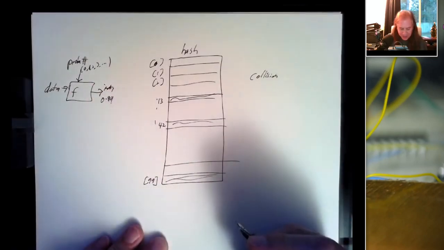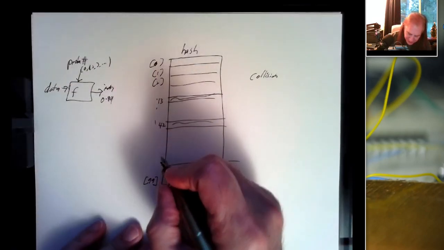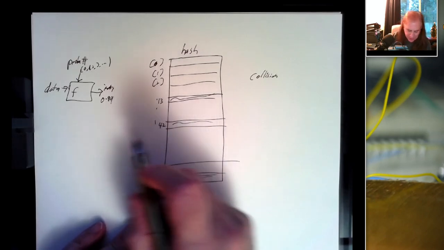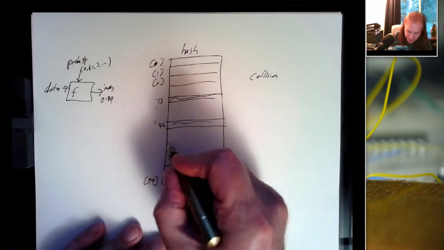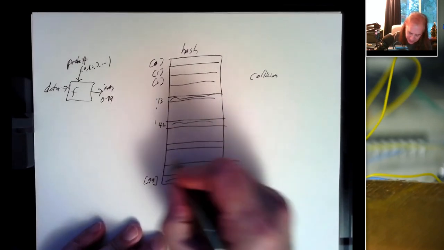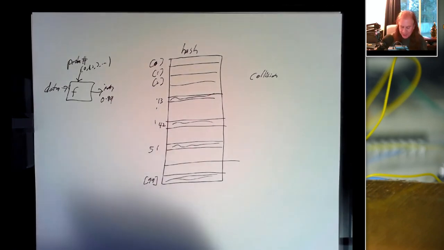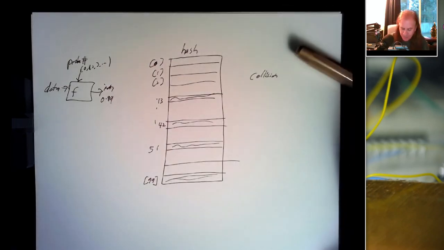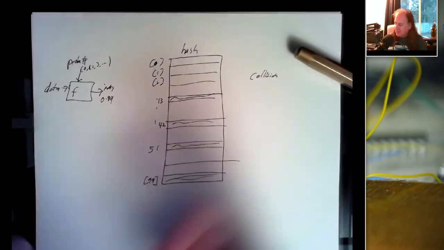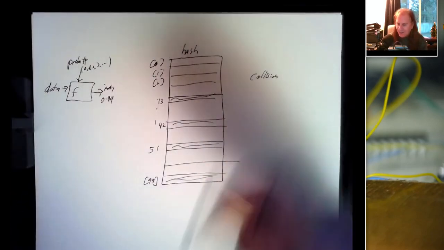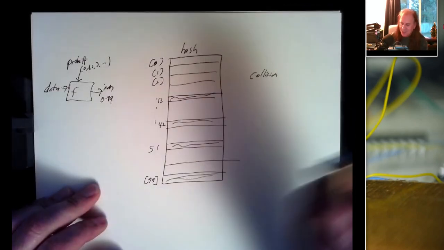But maybe we get another piece of data, and we hash, and it comes back to 42. And so we'll hash again with a different probe number, and maybe that'll hash to 51, and so we'll store our data in location 51. So this is the name hash. It's turning this data into a nice big mess, chopping it up into little pieces, scattering it all around, tossing it in the pan, mixing it all together.